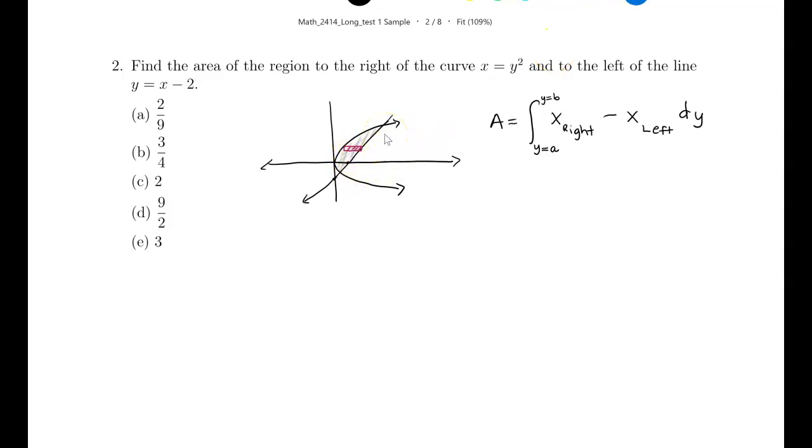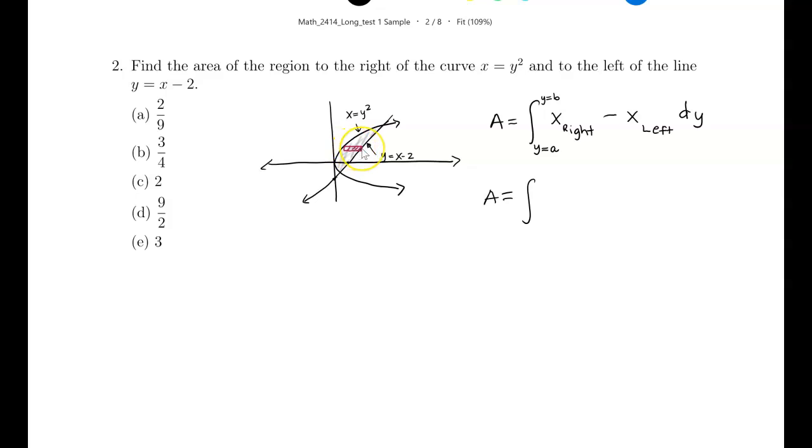We know that this curve here is the line y equal to x minus 2. And this curve here is the curve x equal to y squared. So the area is x right, the right curve, the right of the horizontal strip.